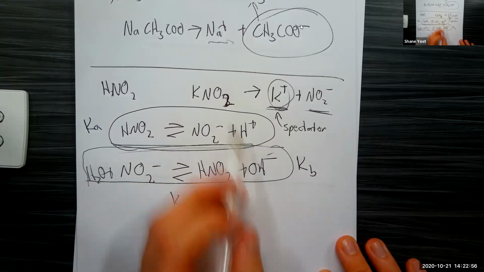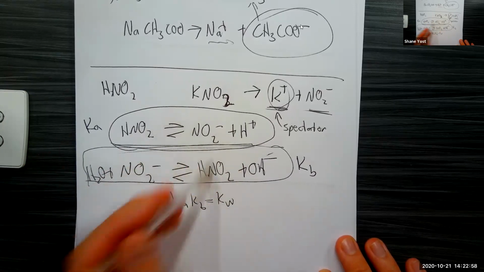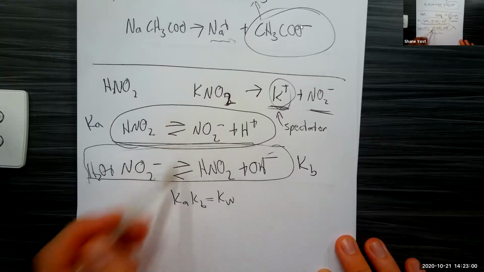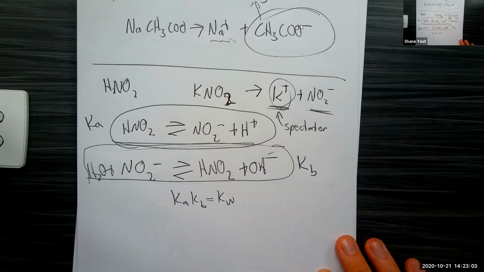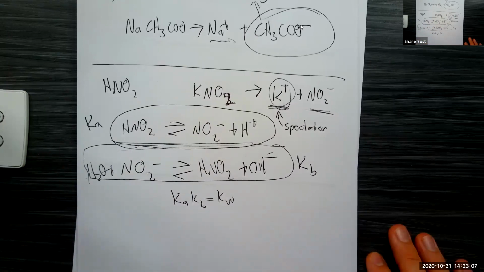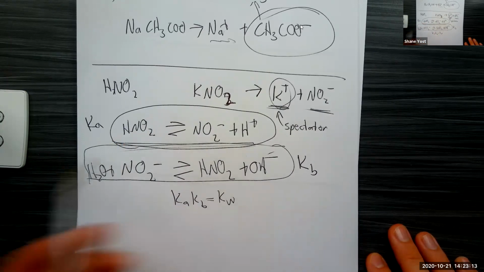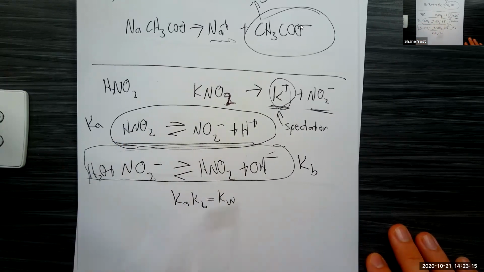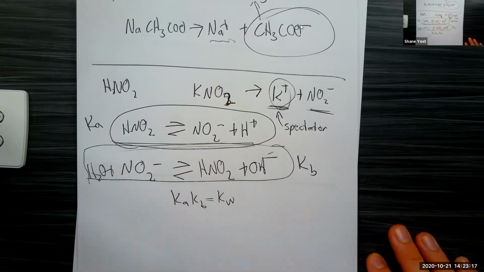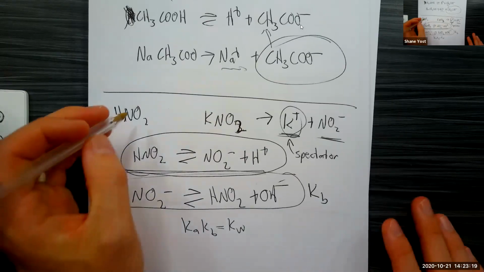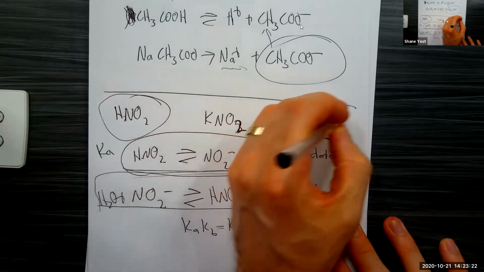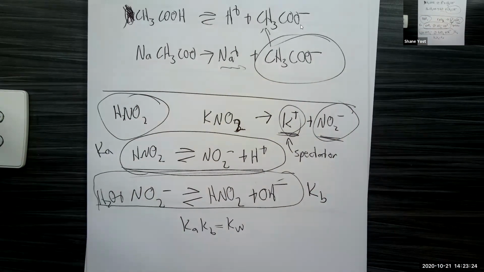So these things are related to each other, and no matter which equilibrium you picked, you'd get the same answer for the pH of your solution in a given problem, okay? I just went with the weak acid equilibrium, but you could have picked this weak base equilibrium for the conjugate base, okay?